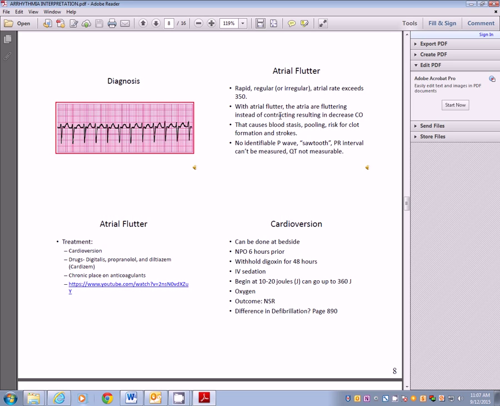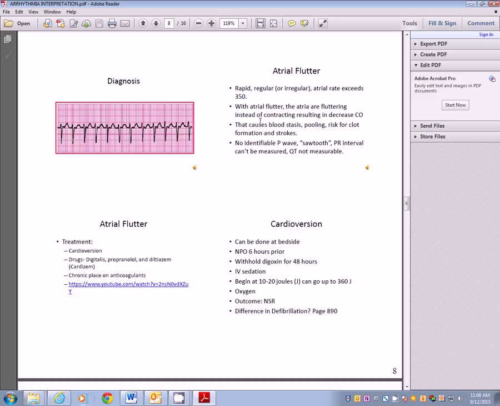Atrial flutter, again, if you think about it, the atrium, as that lady was telling you in that one video, is sitting there just fluttering. So they're fluttering instead of contracting. And when they just sit there and flutter and don't actually contract, that decreases cardiac output and it pulls that blood so that it becomes stasis there. Well, now you're at risk for clot formation and strokes because of that blood pooling.